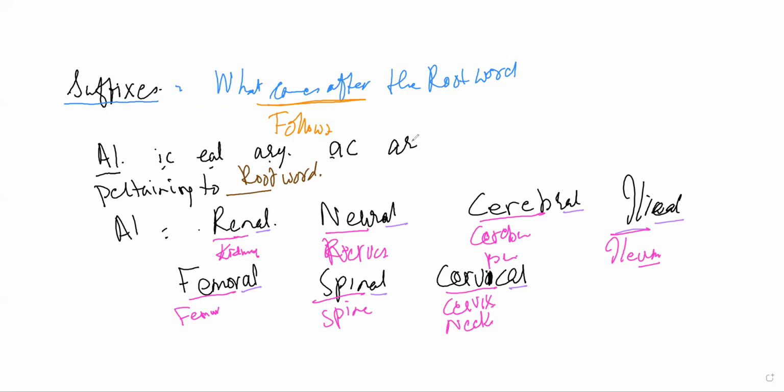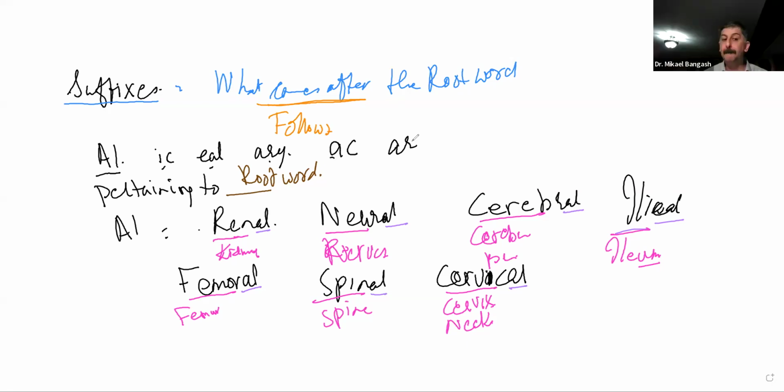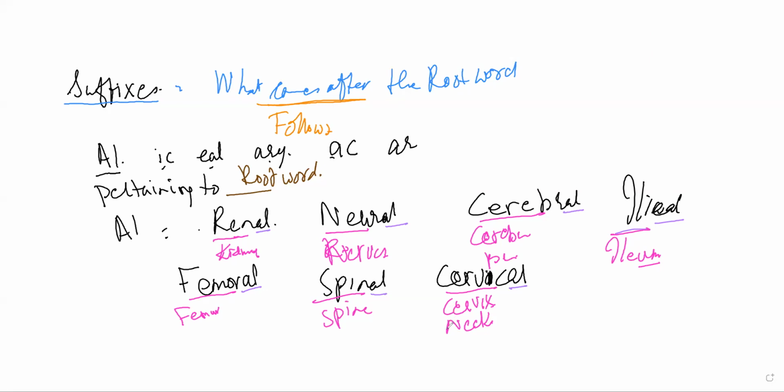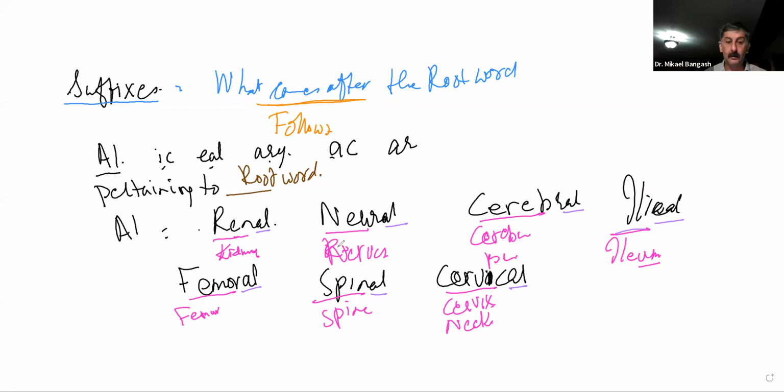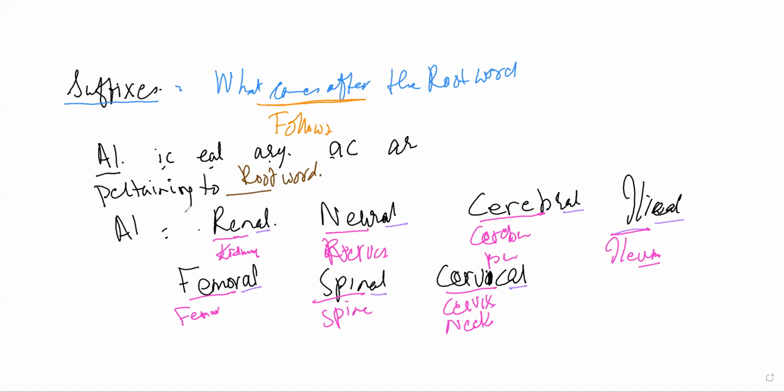I'm sorry, what's the word under neural? That's nerves. Oh, sorry, thank you. Okay.